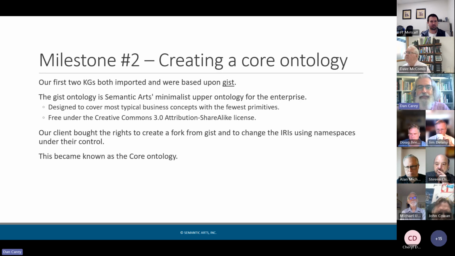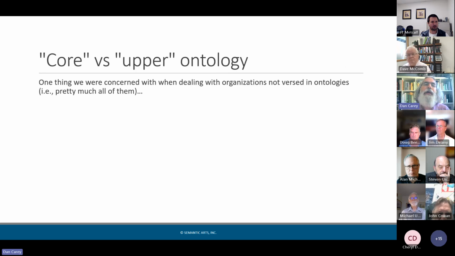So this GIST-based thing became known as the core ontology. So that was a very important milestone in this journey.